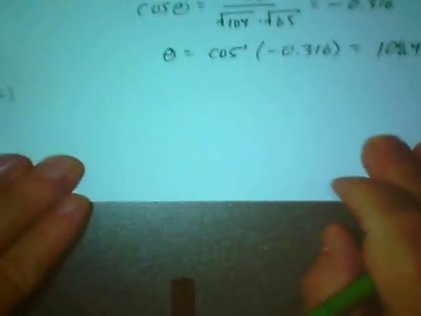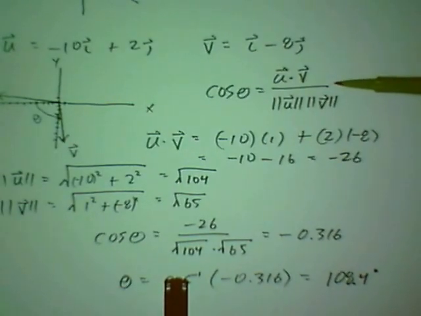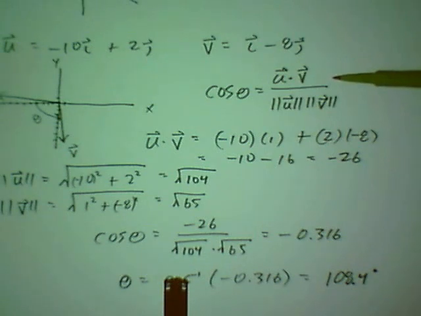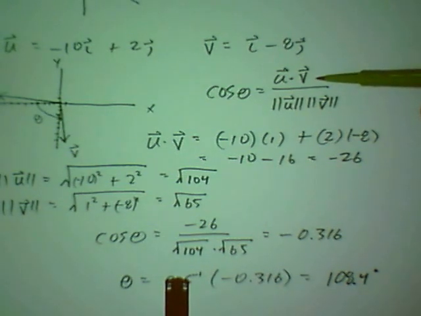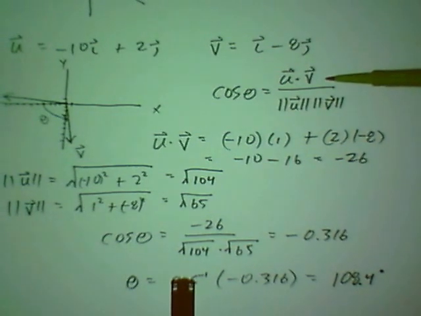So once again, we're going to use this equation right here. Because if we find the angle between two vectors and the angle is 90 degrees, then we know they're orthogonal. Or if we find the angle is 0 degrees or 180 degrees, then we know they're going to be parallel.